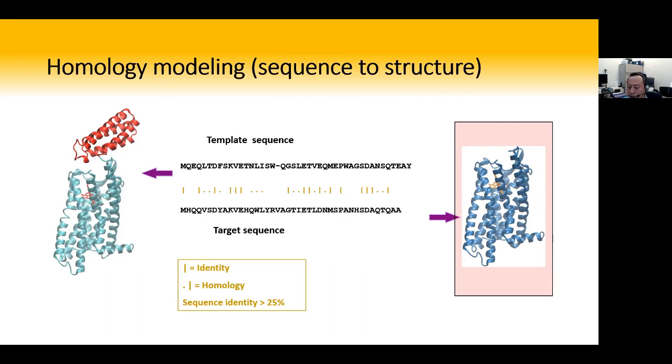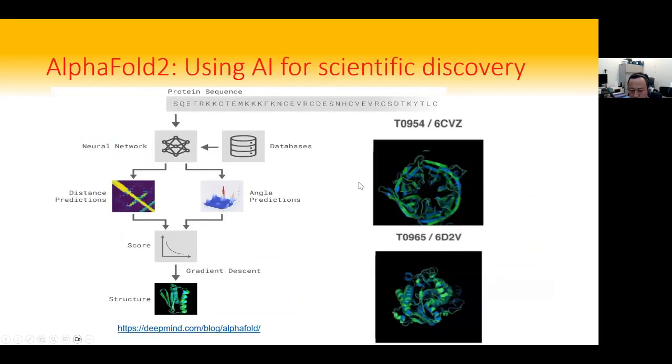So if we can find a sequence similar to our target sequence which already has a structure, then we can use that structure as a template to build the structure model we want. Even better, you probably heard of AlphaFold from the Google deep learning program. Now they're able to make very good predictions on other proteins' structures, so that even gives us more structures for structure-based drug discovery.